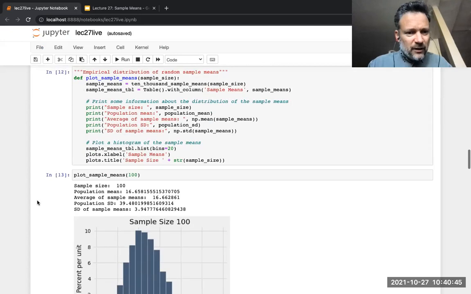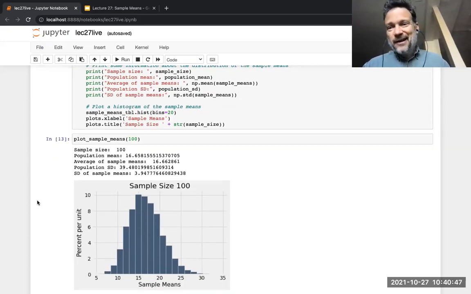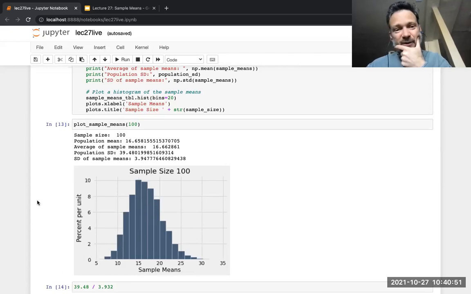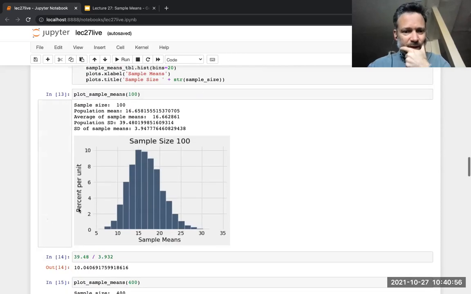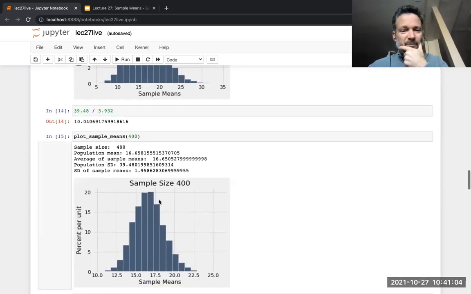Let's see. We can look through here. As a reminder, here's what we get. You can just take a look again and see what happens if we look at different sample sizes. Sample size 100, roughly bell shape. The width of this, the SD of the sample means, is a little under 4. Sample size 400, same bell shape, but the SD of the sample means now goes to 1.9.